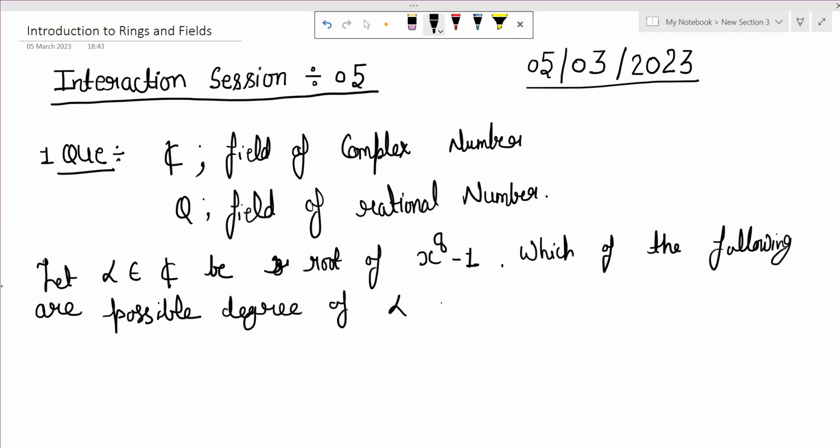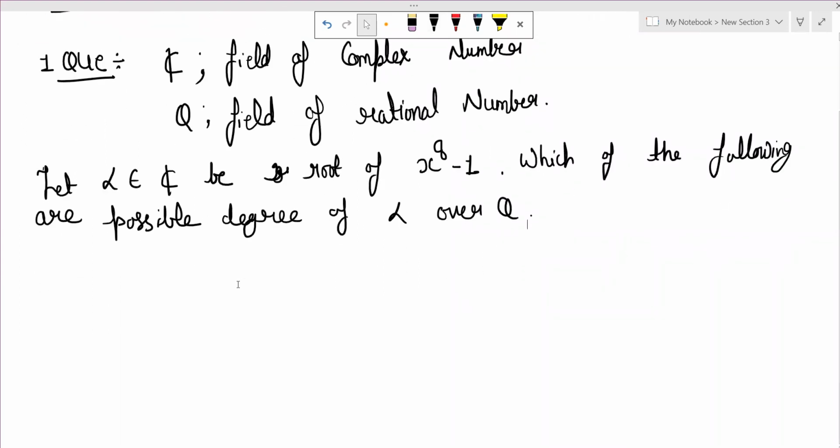So let me ask you, what is the definition of a field? Do you know the definition of a field? Anyone can answer.